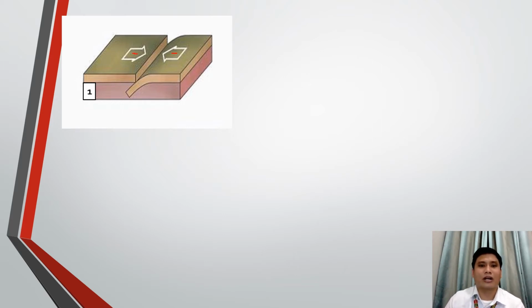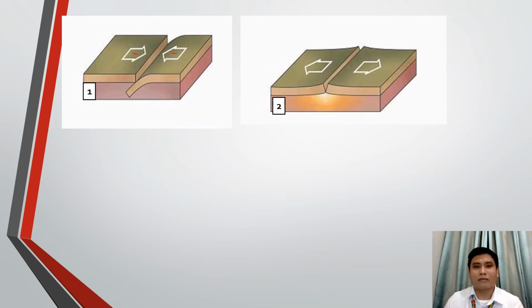And for their direction, you can see that the 2 plates are moving towards each other. While for figure number 2, again, there are 2 plates, another pair of tectonic plates. Their motion shows that they are moving away from each other.